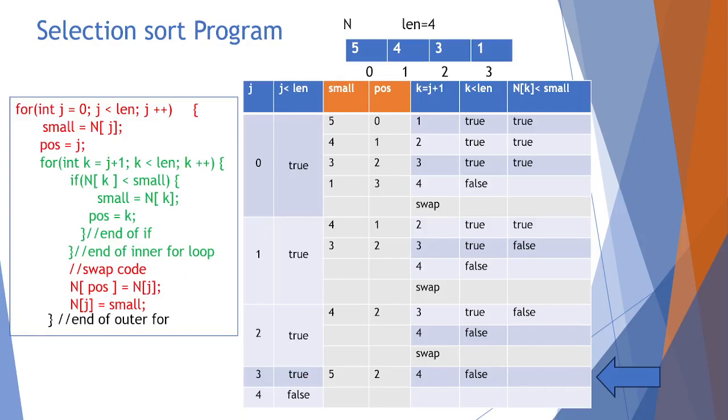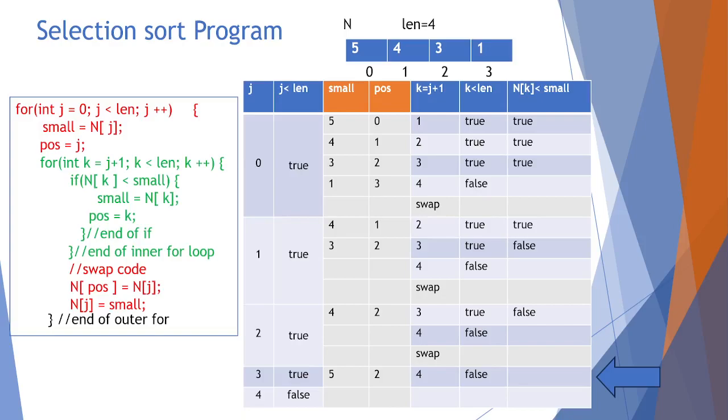So n of k is 4. If n of k is less than 5, true, then small is equal to n of k, pause is equal to k. n of k is 4, so small is updated to 4 and its position 1.